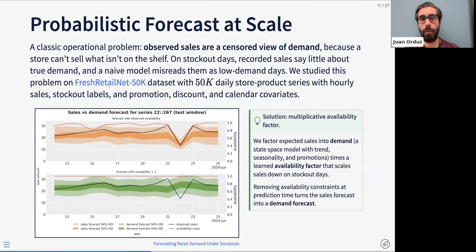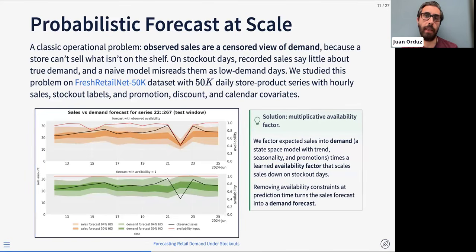So just to make this tangible, in both PyMC-Forecast and NumPyro-Forecast, we have this example dataset of a retailer where we want to forecast the demand in the future given the previous sales. And we have a very interesting predictor, which is the availability. Say, was this product available during this period? And that's basically a number between 0 and 1.